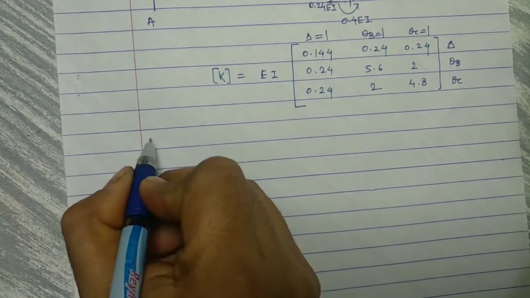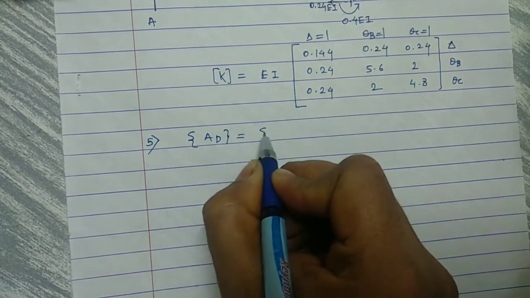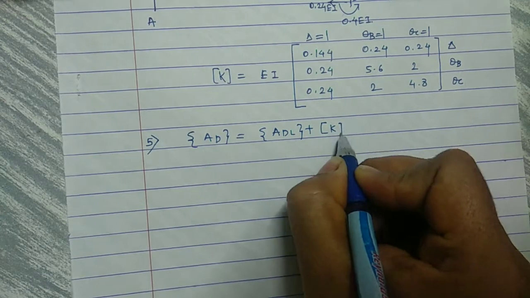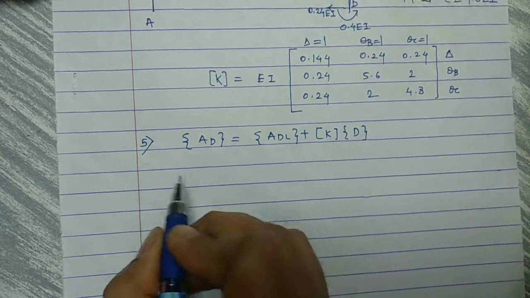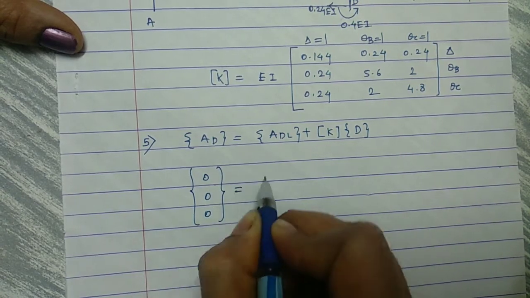Step 5, write the compatibility equation AD equal to ADL plus K into D. These matrices we have calculated in earlier steps. AD is 0.